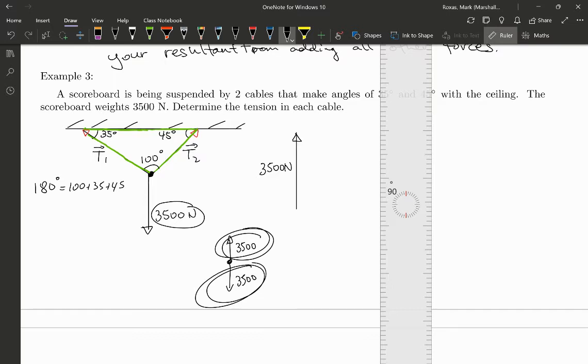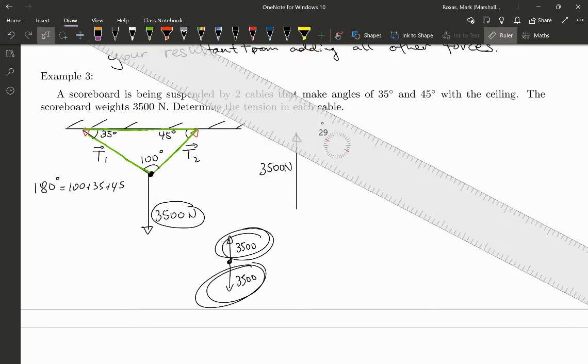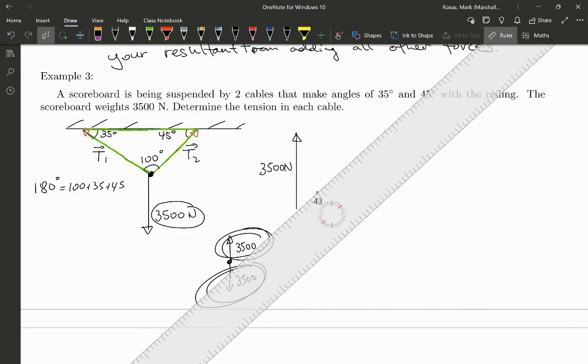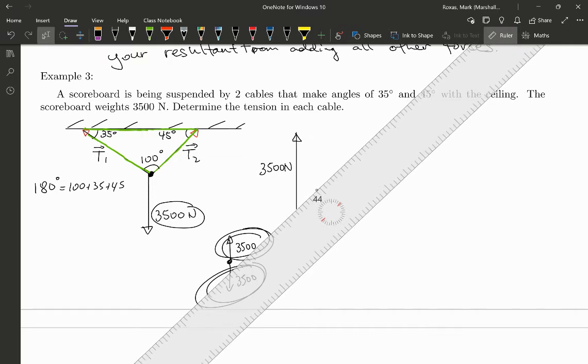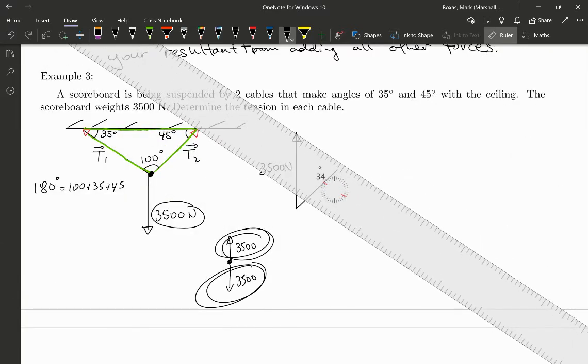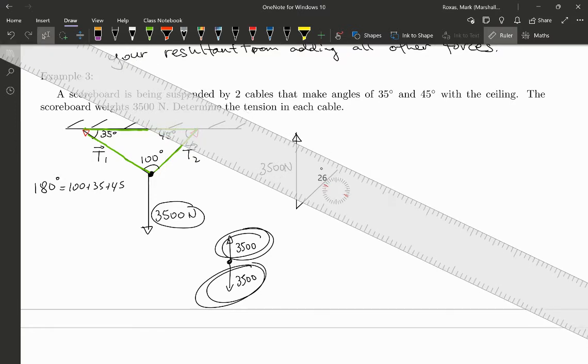So my two cables are holding it up. Let's draw them head to tail. Let's draw T2 first here. T2 is approximately 45 degrees, and then T1 is 35 degrees.